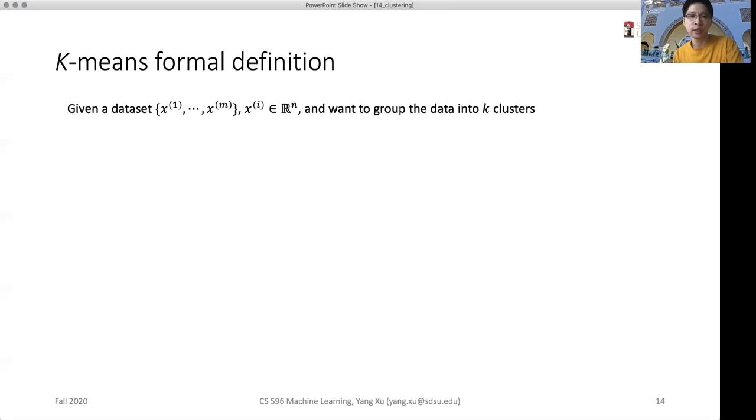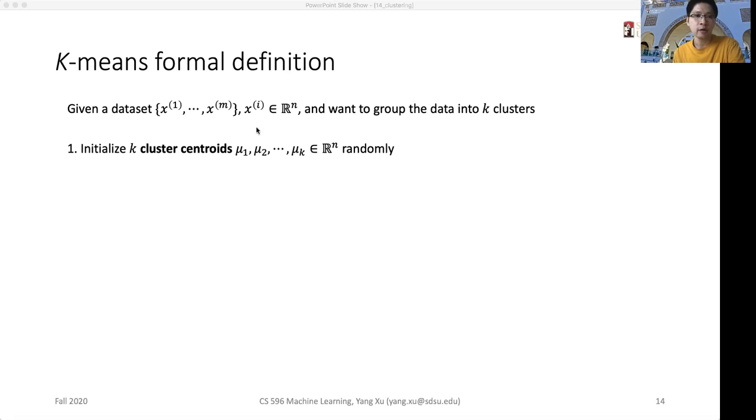It can be more than 2 clusters. So we will initialize k cluster centroids. We pick those points from the n-dimensional space. So the algorithm shown here is that we can select the centroids from the space directly.